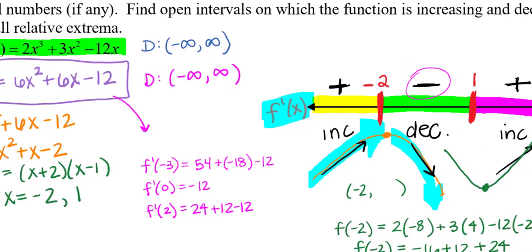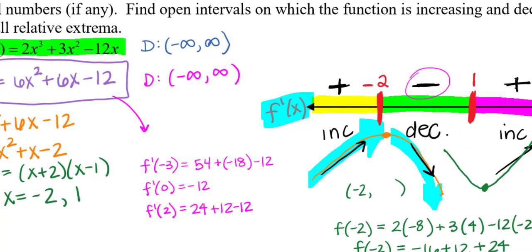Let's find f of 1. So again, going back to the original function. Okay, so if I substitute x equals 1 into the original function, I do get a -7. So that y value could be considered that relative minimum, or we could say again, at that point 1 comma -7. So let's verify all of this graphically and make sure.